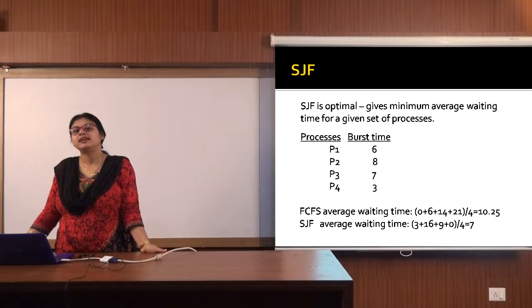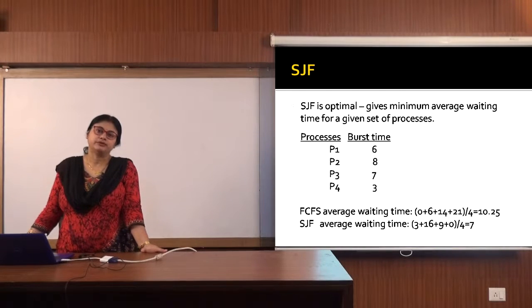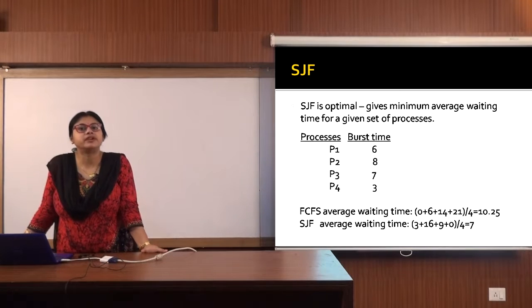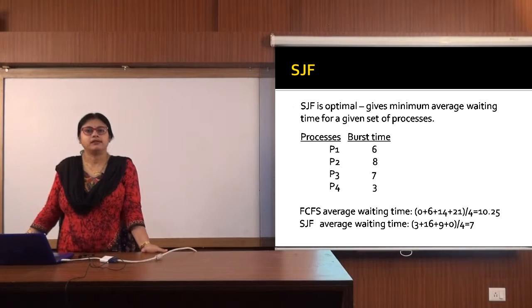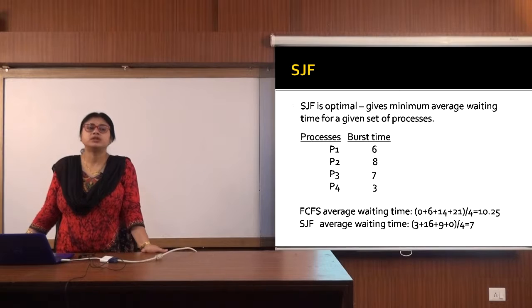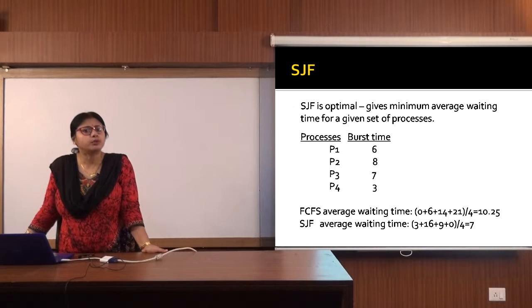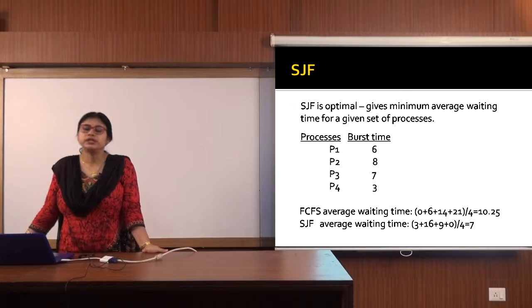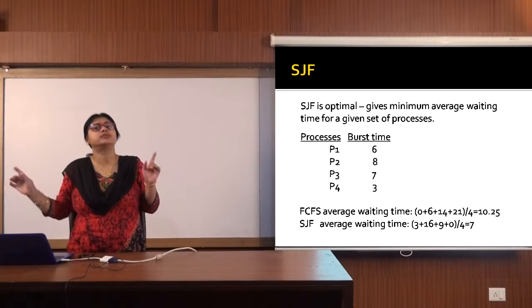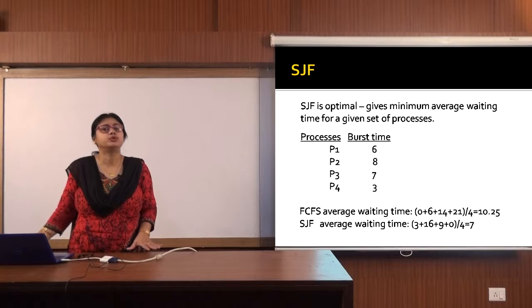We have seen that in FCFS, the average waiting time was very high, because it may be possible that a long process has arrived first, so it gets the CPU first and spends its long burst time inside the CPU doing its computation.